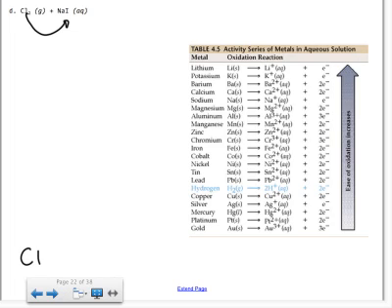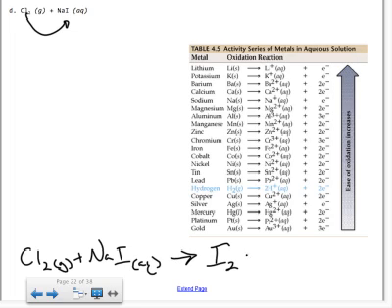So it goes from chlorine gas and sodium iodide in solution, aqueous, and then the chlorine and the iodine trade places. So you end up with iodine gas, which is I2, and sodium chloride. And then to balance the equation, we need 2 sodium iodides and 2 sodium chlorides to balance that out, and the sodium chloride is aqueous.